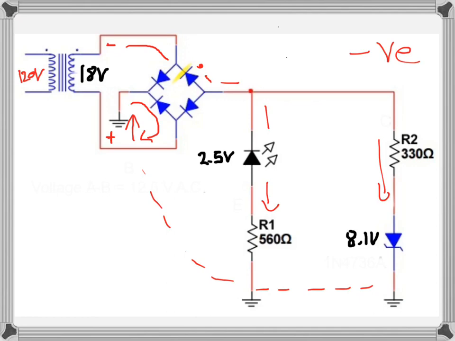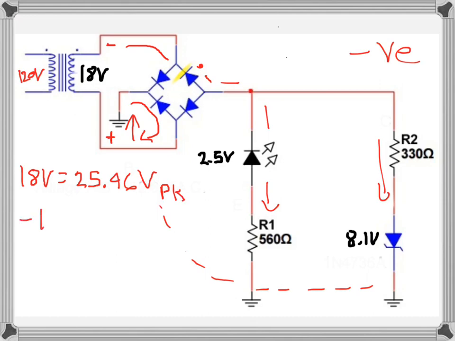So what is our output? We have 18 volts secondary RMS, so 18 divided by 0.707 equals 25.46 volts peak.